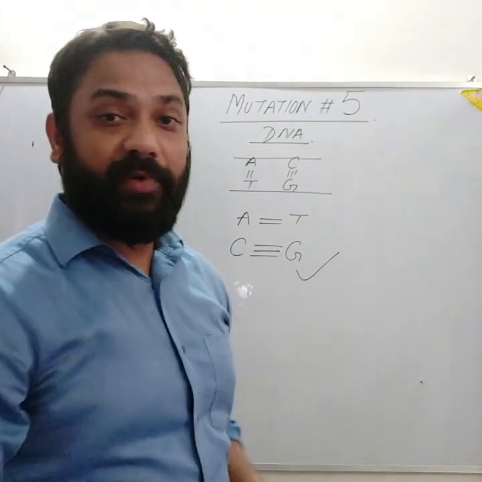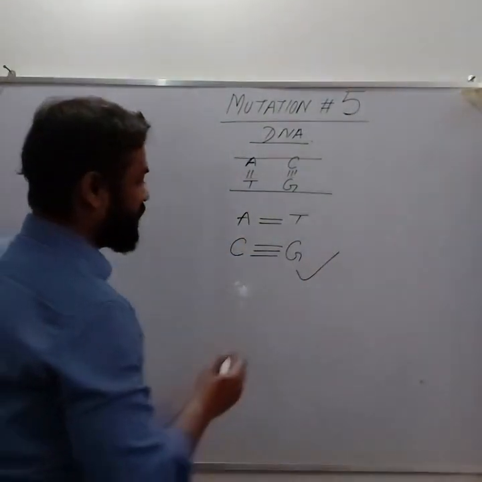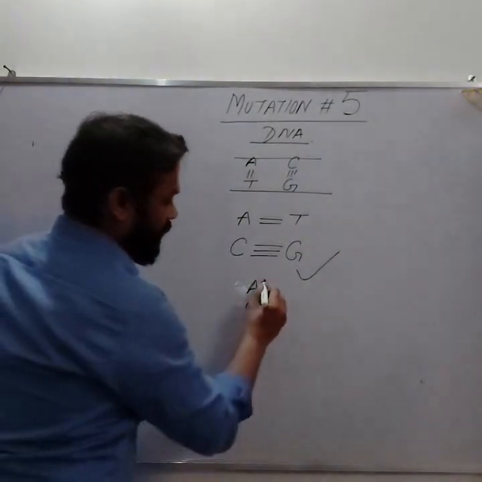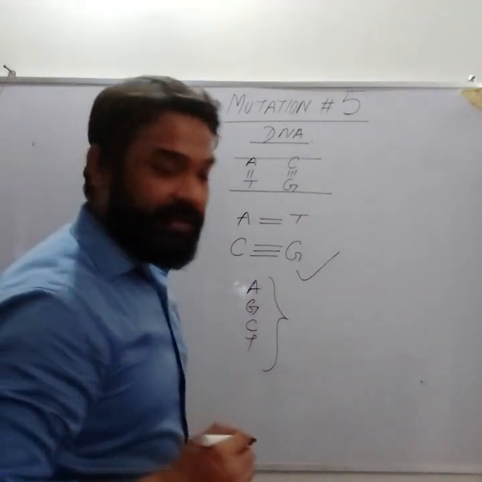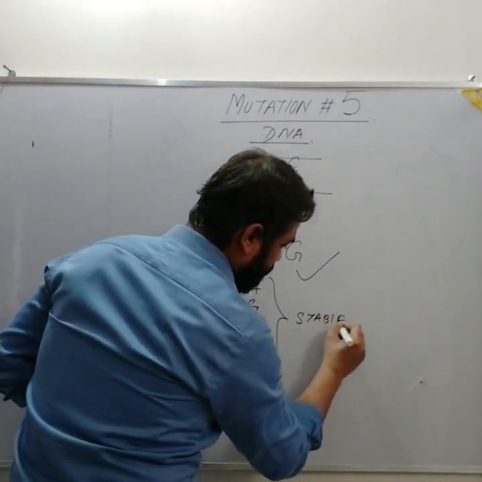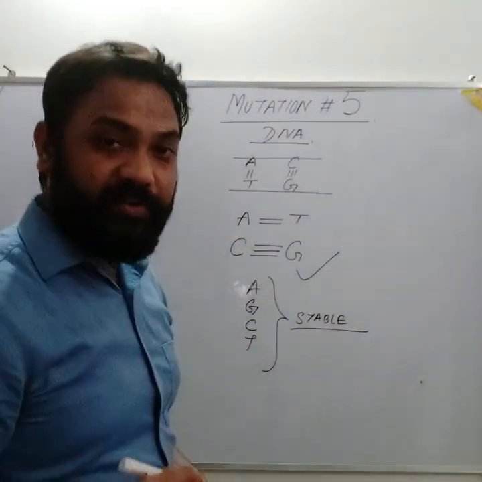Whatever structure we study, for example adenine, guanine, cytosine and thymine, these are the normal and stable structures.